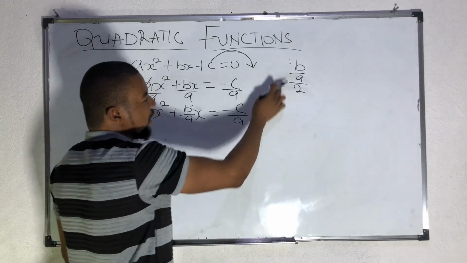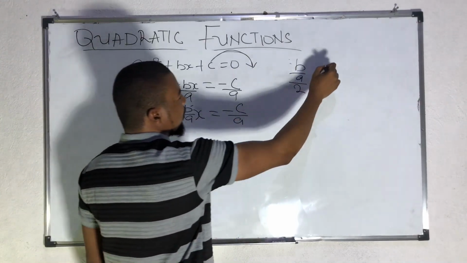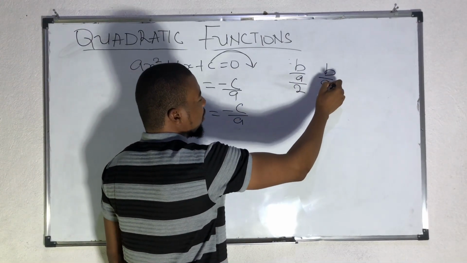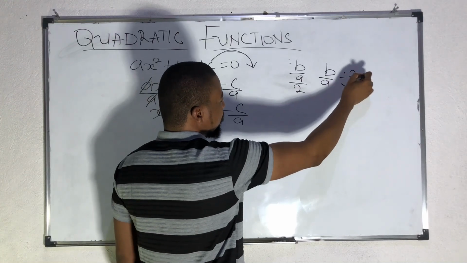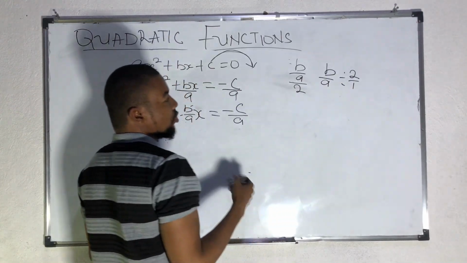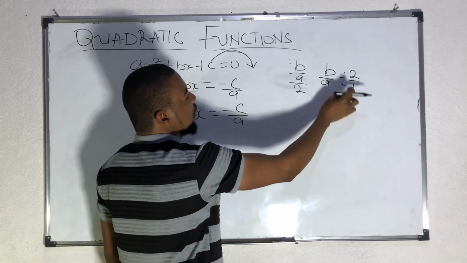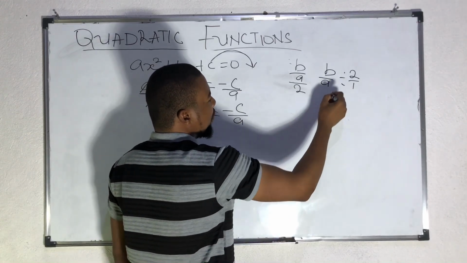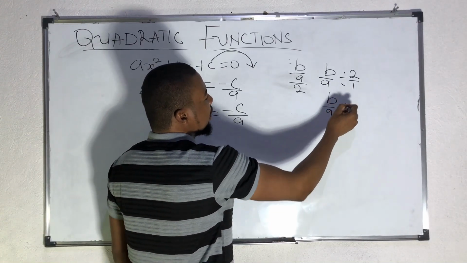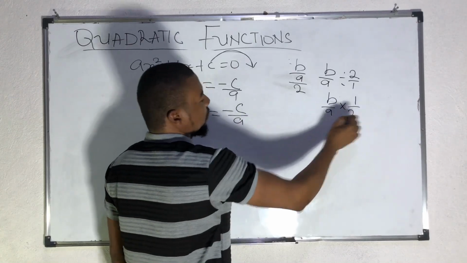Now, this can be rewritten as b over a divided by 2. This 2 is 2 over 1, it's the same thing. Now, we take the reciprocal by changing the division sign to multiplication. And what shall we have? We now have b over a times 1 over 2.